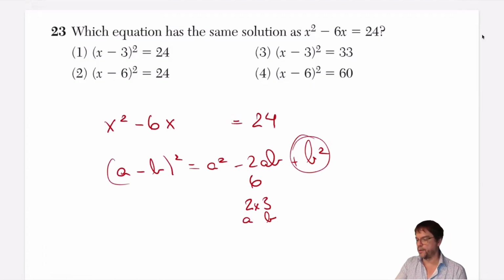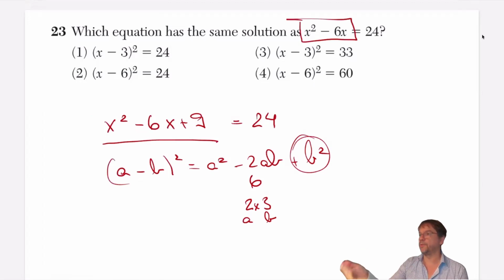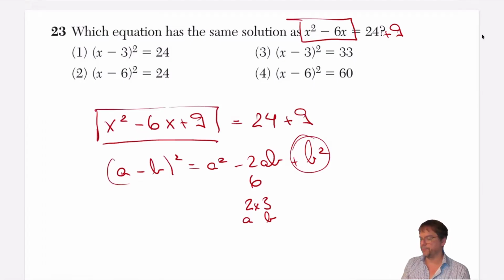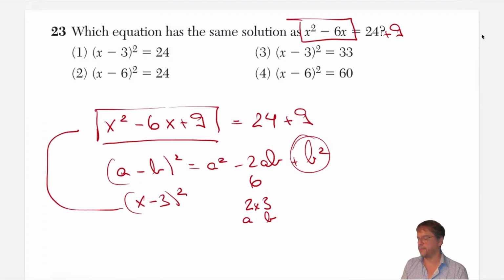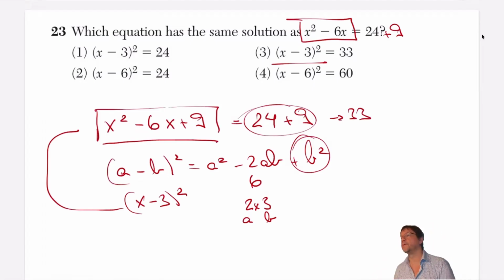I put 3 squared here. But as I did something different, I added something here by the rule that we saw today, the addition property. You need to add 9 here. This is a binomial, x minus 3 squared. It is the same thing. That is this, and this is 33. Is that okay?